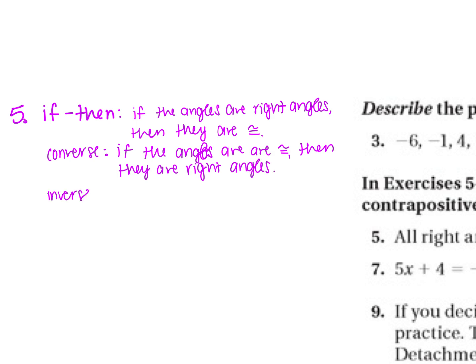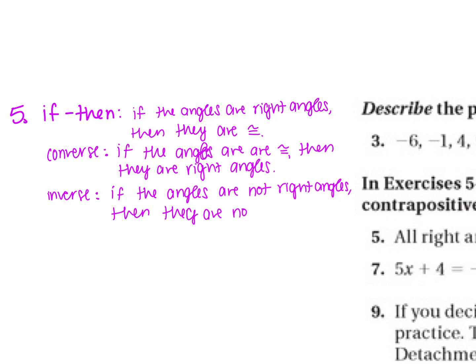Inverse, if the angles are not right angles, then they are not congruent. And then contrapositive, if the angles are not congruent, then they are not right angles.